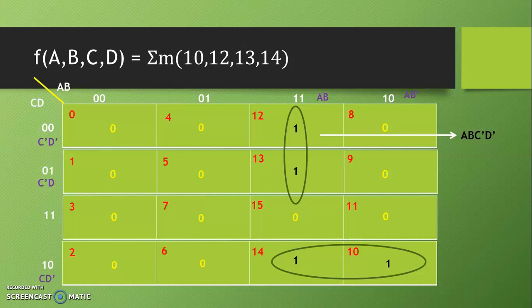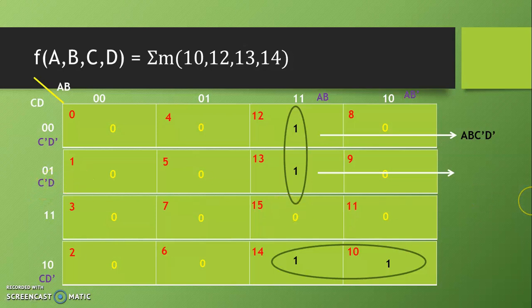Same way we can write the product term for the cell which is adjacent to 12, and that is 13. If we write the product term for 13, then we can write 1 1 0 1: 1 1 from the AB and 0 1 from the CD.